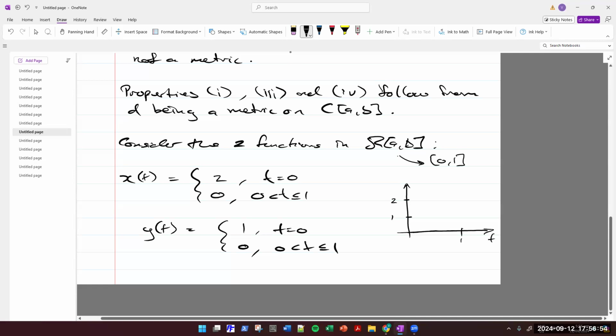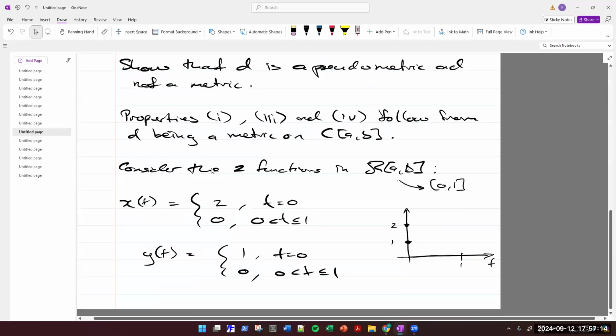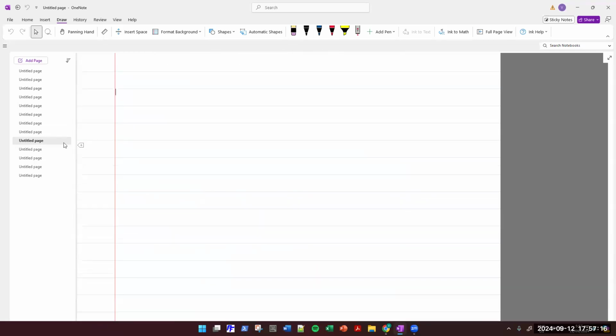So x of t takes its value up here, and y of t takes the value down here. So obviously these are 2 different functions. So let's plug these 2 functions into this function, into D, and see what we get.